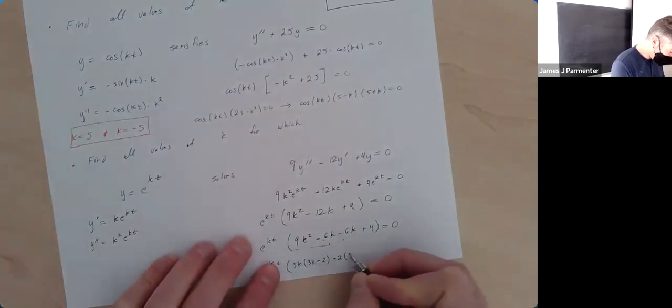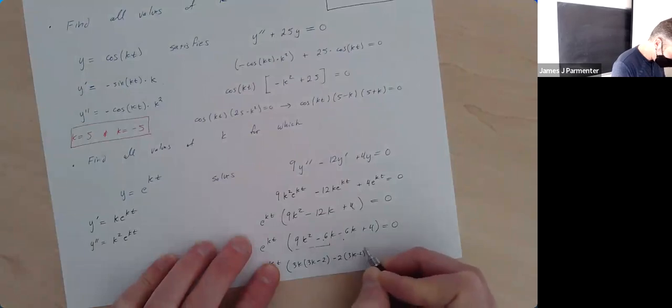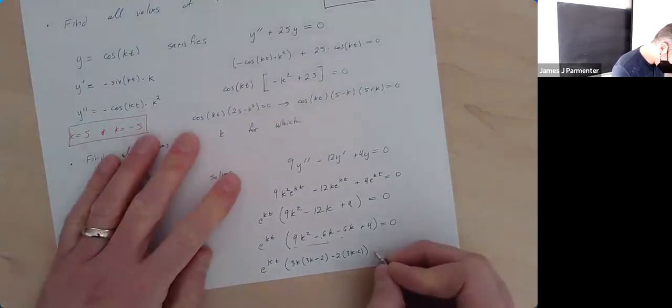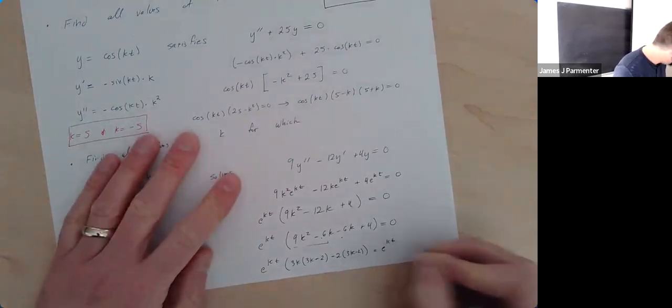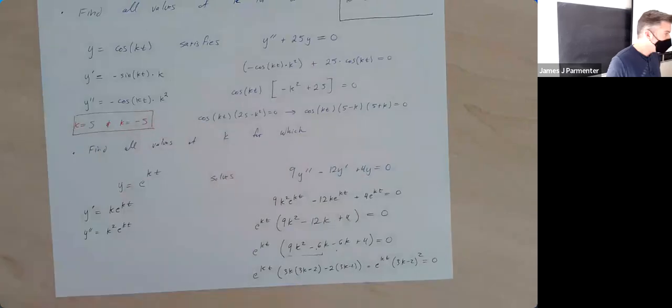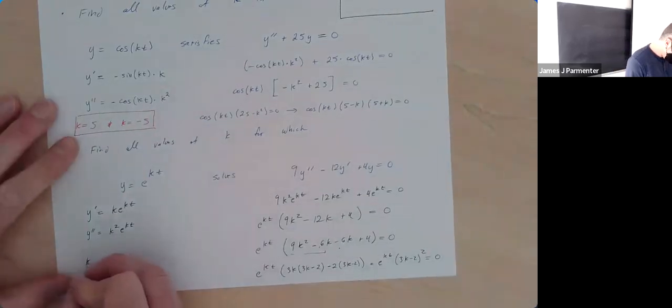I'm left with a 3k minus 2. And then from each of these, I can factor out a 3k minus 2. I'm left with 3k minus 2 times 3k minus 2, which happens to give me e to the kt times 3k minus 2 squared. So the only solution here is k equal to positive 2/3.